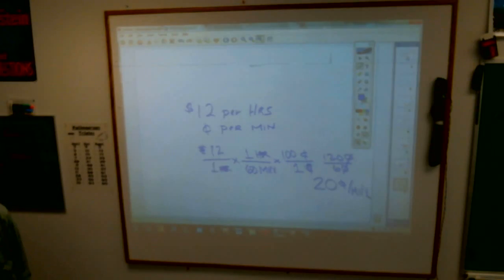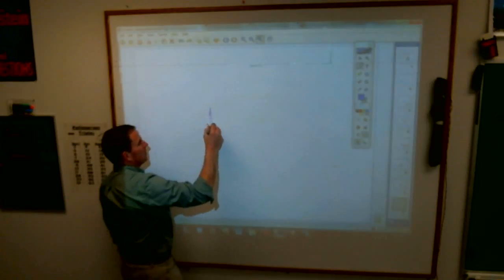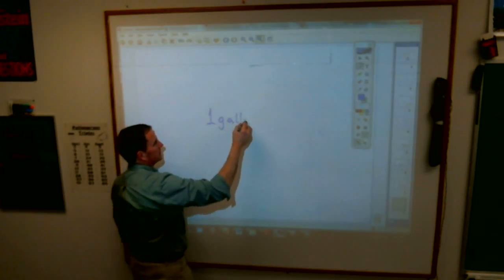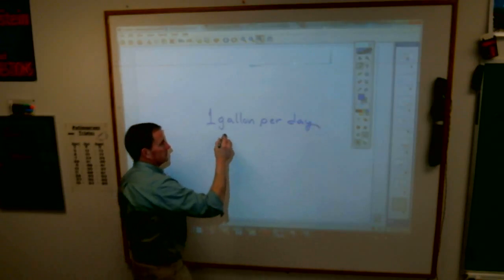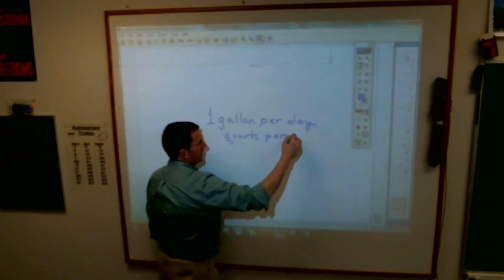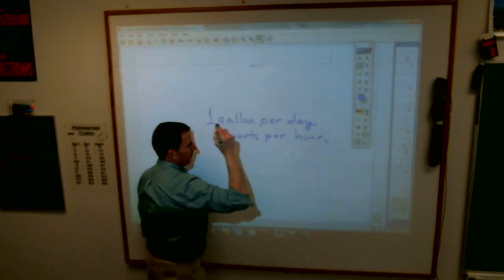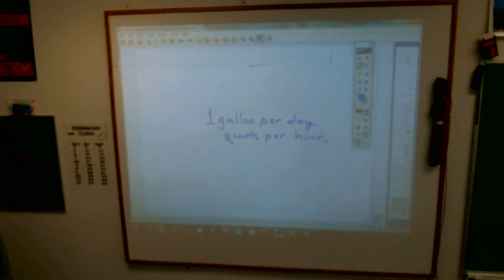Riley, can I help you with anything else on that? Let's do one more. This one will be more interesting: 1 gallon per day to quarts per hour. This one might leave you a little shell-shocked.